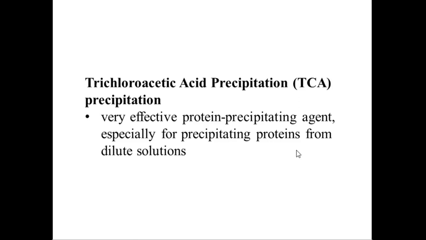We have trichloroacetic acid precipitation, TCA precipitation, commonly referred to as the TCA method. It is supposed to be a very effective protein precipitating method because TCA is a strong precipitating agent, especially when you are using dilute solutions, dilute extract solutions.